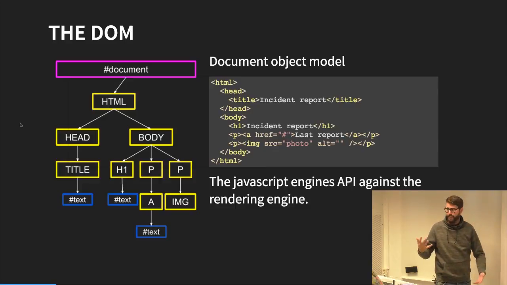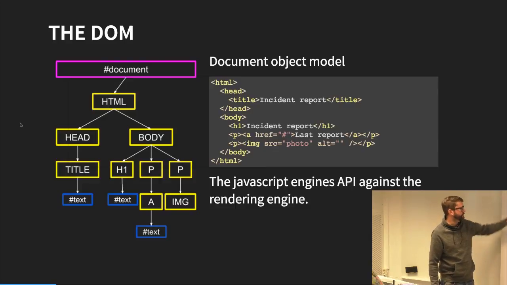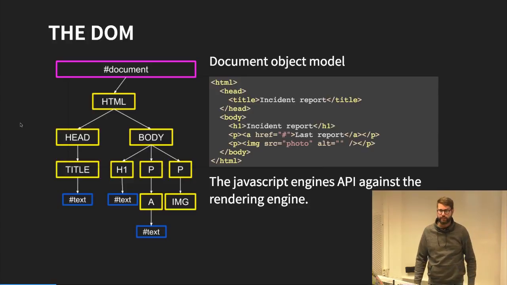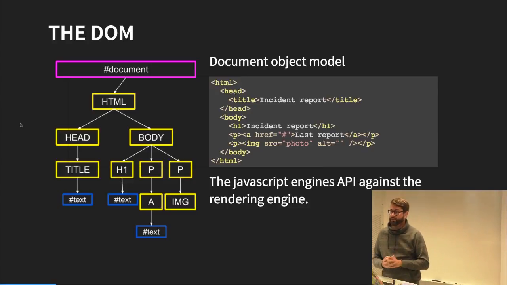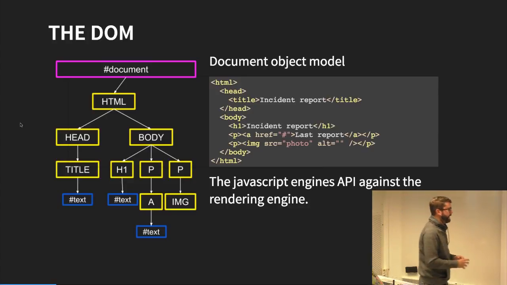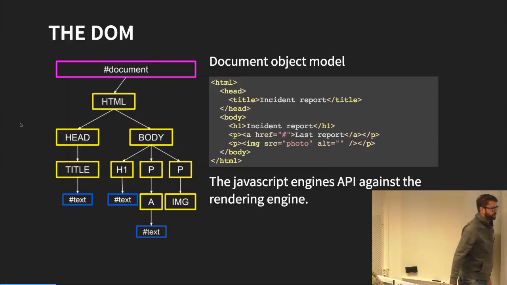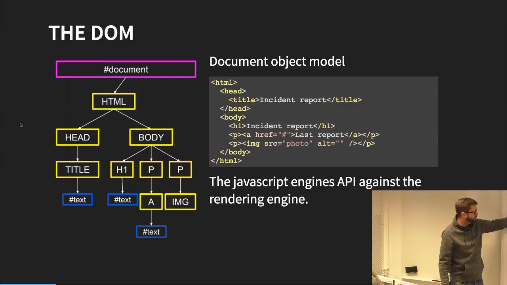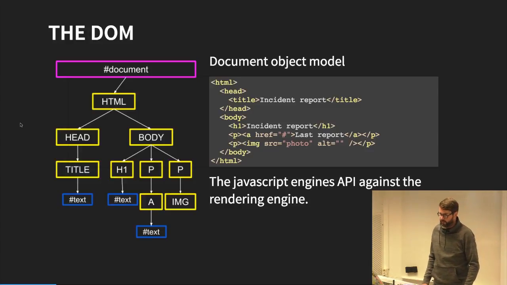I think you can map this quite easily. We have a special element at the top called the document object. On this document object you have an HTML element, being this one. In the HTML we have a head and we have a body. Inside of the head we have a title in this case. Inside of the title we have a text node.